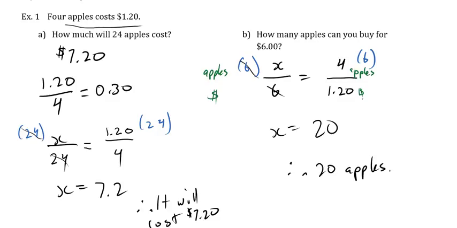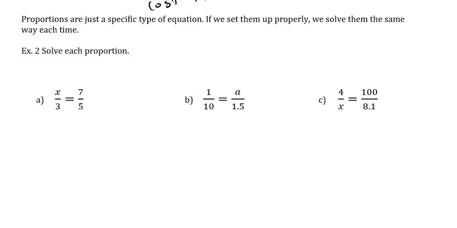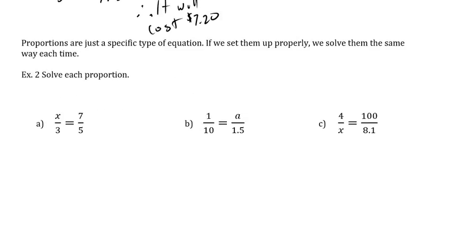Even if your x is on the bottom, as long as it's the same, you can solve it. But it's easier if you get x on top. You don't have to write down that saying. It just reminds us proportions are just a specific type of equation. That's all it is. So I want you to think about these as solving equations, not some special thing where, oh, this is a proportion, I solve it differently. No, it's just an equation.